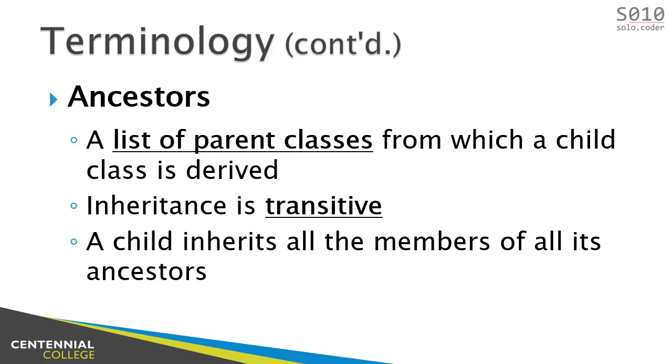All of them. And the fact that it inherits from everybody on top of it is called transitive. So it's not just from one class to the immediate class, but to every other class on top of that. So this is called a transitive behavior. It accumulates the properties, the methods.